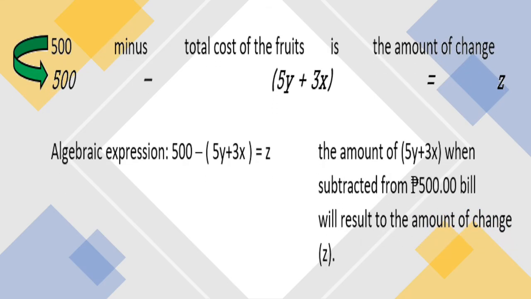The algebraic expression 500 minus the quantity 5y plus 3x is equal to z. The amount of 5y plus 3x when subtracted from a 500 peso bill will result to the amount of change, or z.